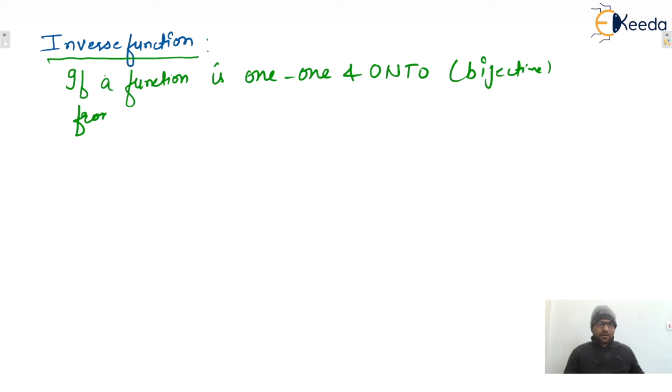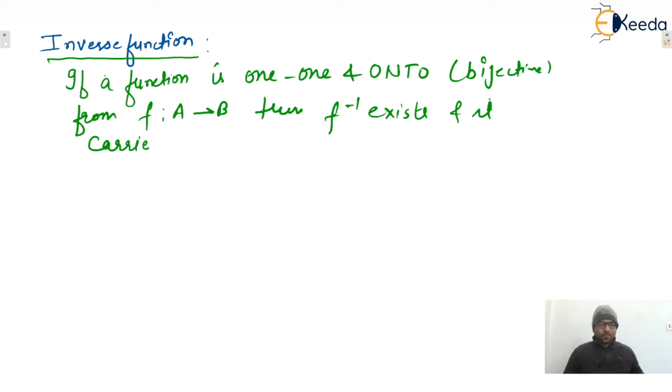from set A to set B, then only we can say that f inverse exists, and it carries elements of B back to A. What is the meaning of this?